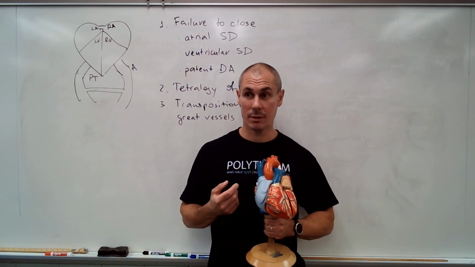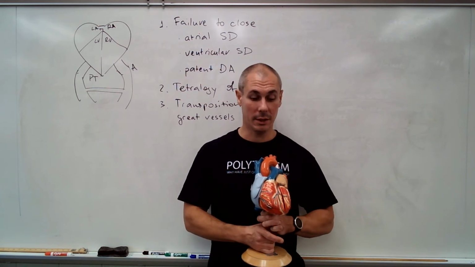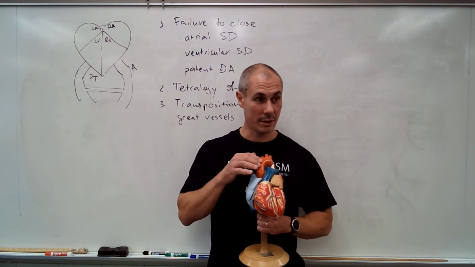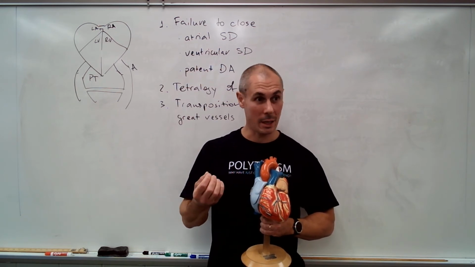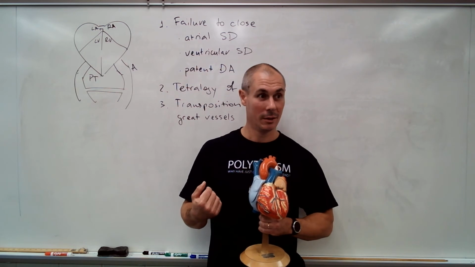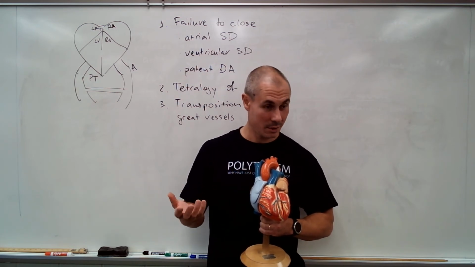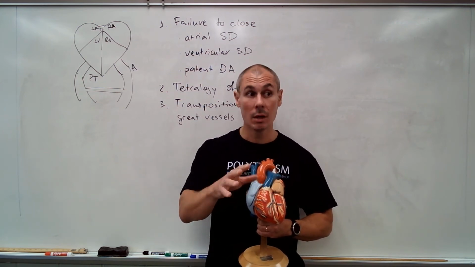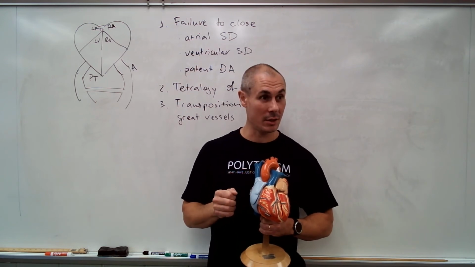In the transposition of great vessels, the pulmonary trunk is connected to the left ventricle, and the aorta is connected to the right ventricle. So now look what happens. Deoxygenated blood returns into the right side. I'm talking about a newborn, not a fetus. So it gets into the right ventricle.